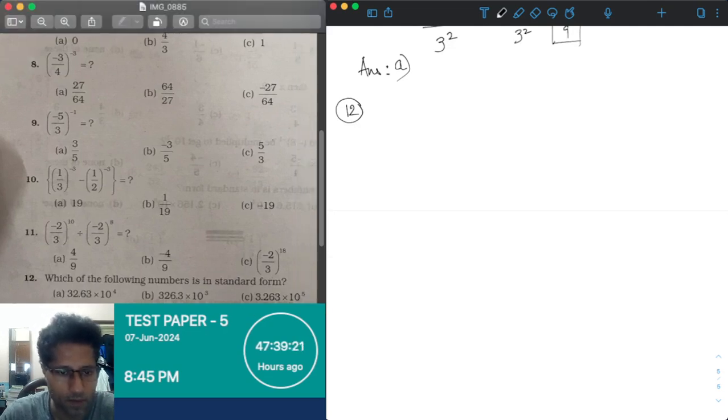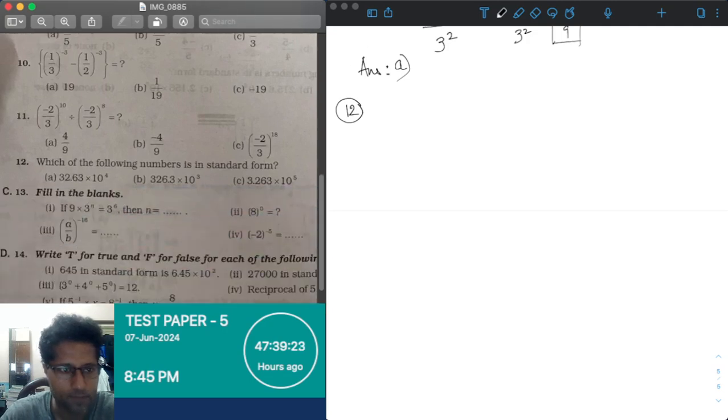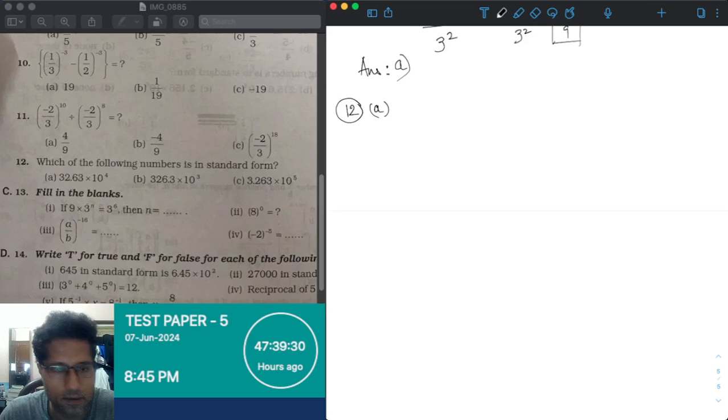Which of the following numbers is in standard form? Okay, it is asking which of the numbers. A is 32.63 into 10 to the power 4.